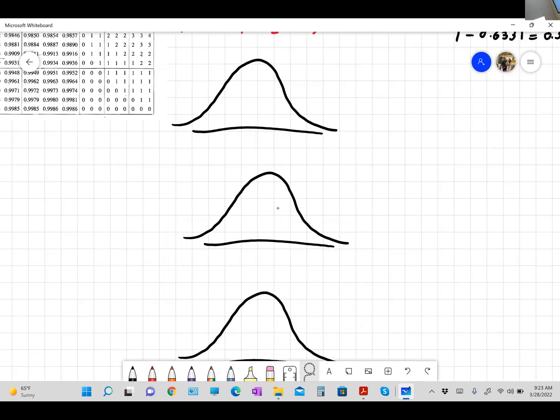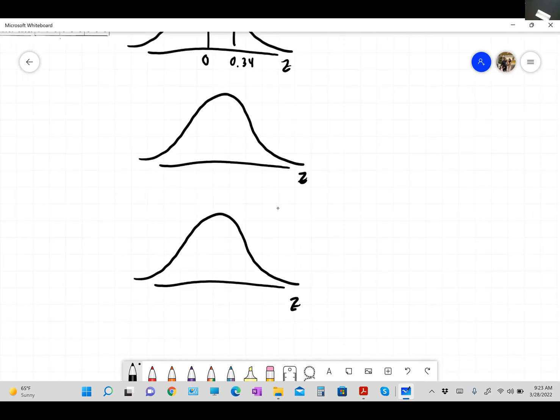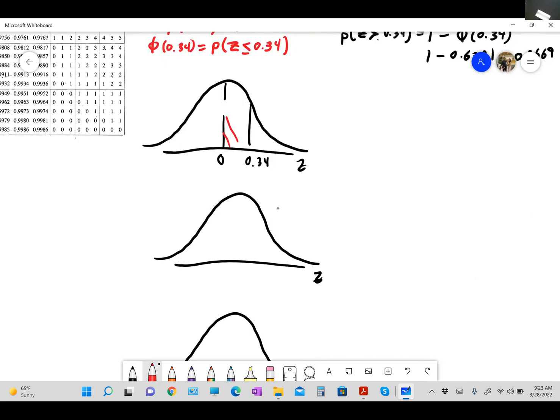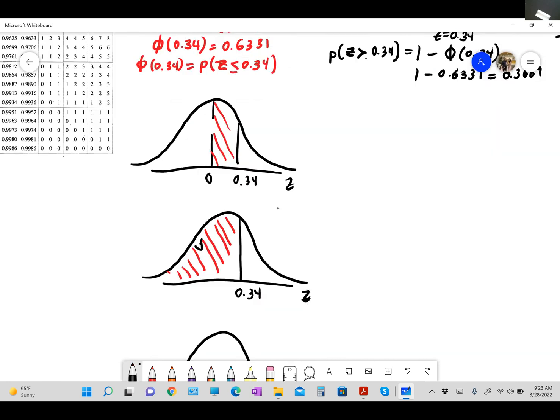So I want to find the area in between 0.34 and 0. These are z's, okay? So I want this area here. If I looked up 0.34, the area it would give you is all this here, which is 0.6331.